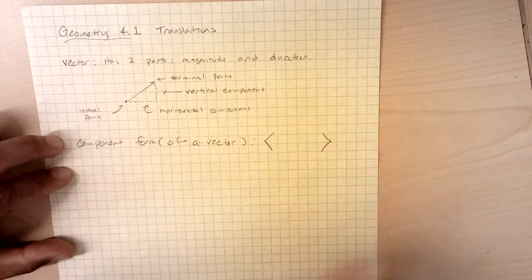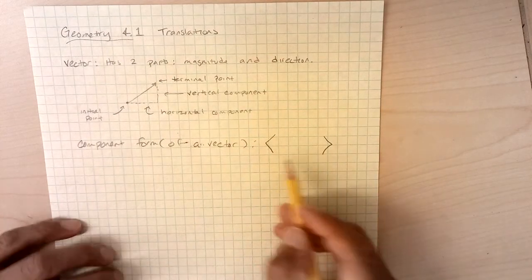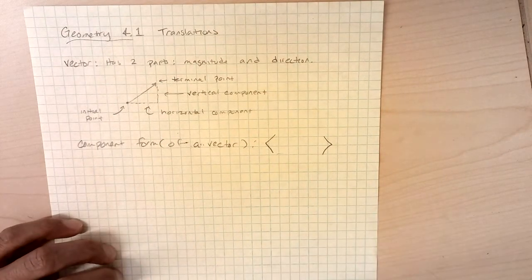So component form of a vector looks like this. You use brackets, instead of parentheses. It kind of looks like an inequality, but it's different than an ordered pair for sure, even though, as you'll see, it's similar to an ordered pair. So the first number or the first element in the component form is the horizontal component.